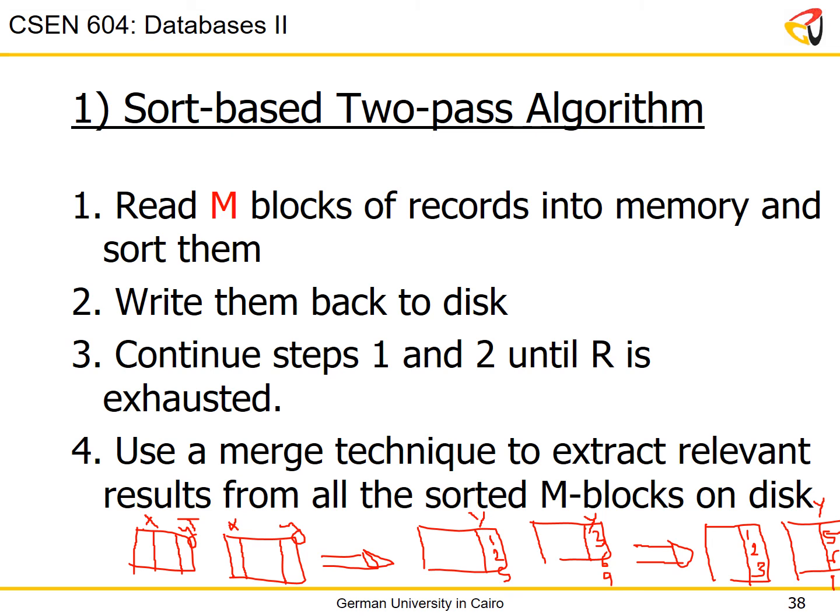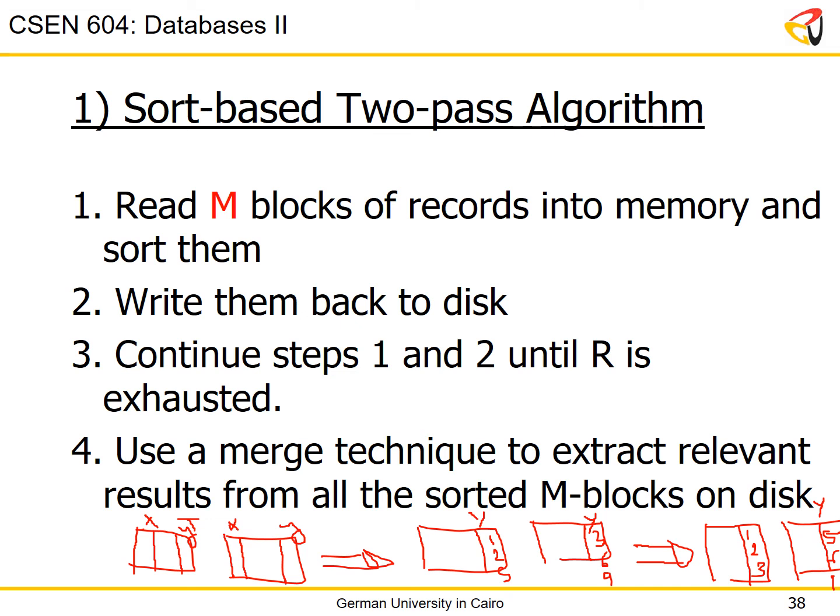So my final output actually should be like this. If this is my Y column, it should be 1, 2, 3, and here in my Y column, it should be 5, 6, 9.